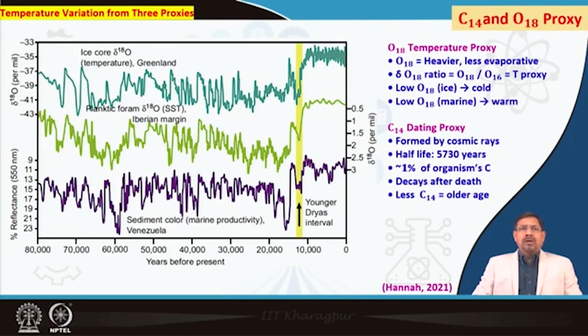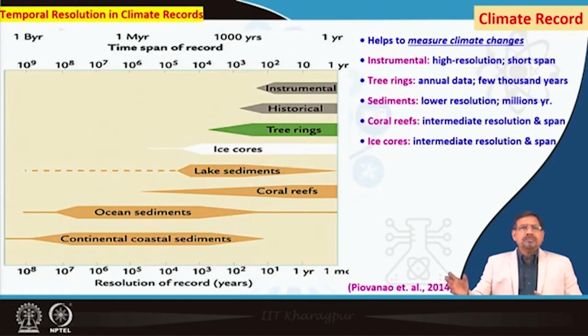So, corroborating all these clues, all these indications, we come out with information about the temperature variation in the past, linking it to climate change.